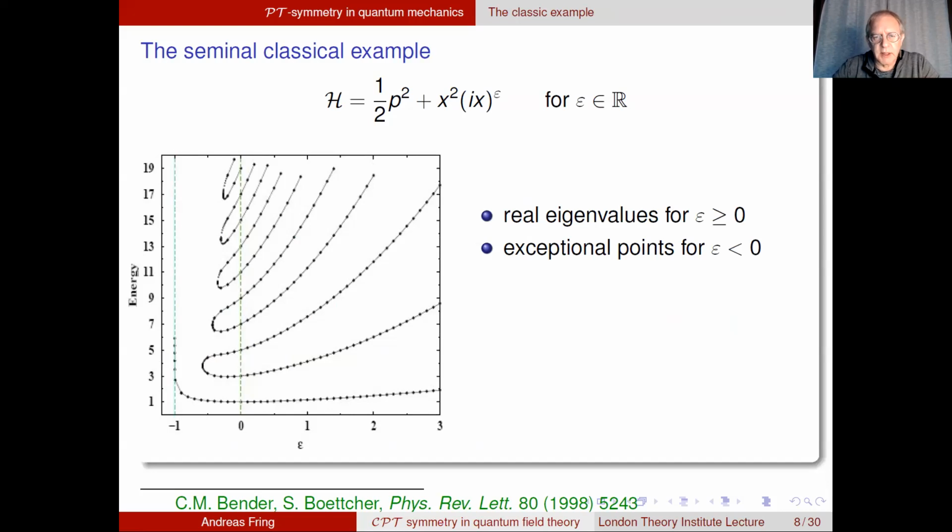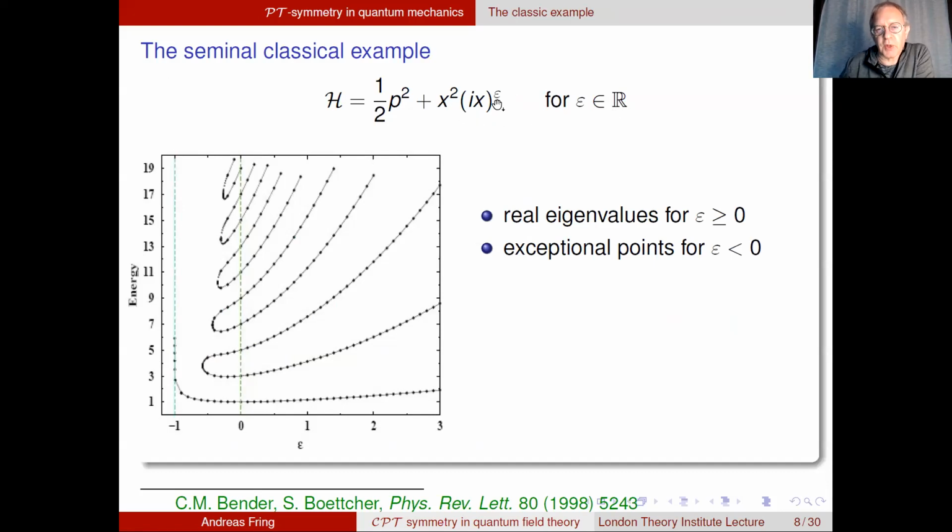So here's the classical example which sort of initiated a large amount of study in this area. And it's already over 20 years old, this paper. So here's the Hamiltonian. It has a non-Hermitian potential in general. So epsilon can be any real number.